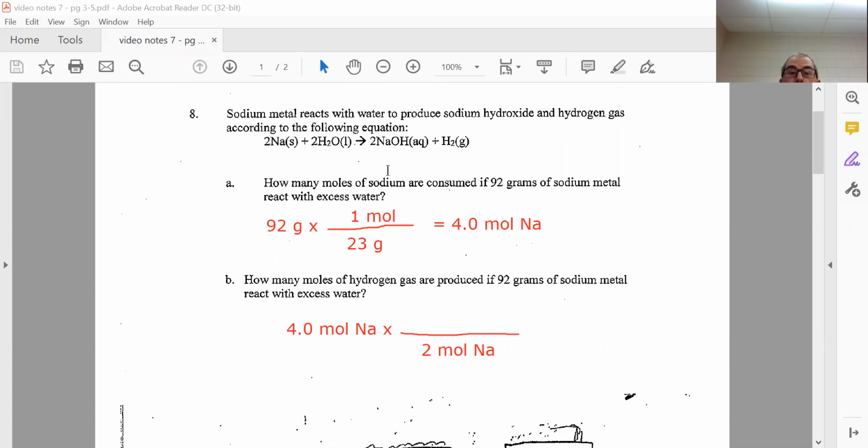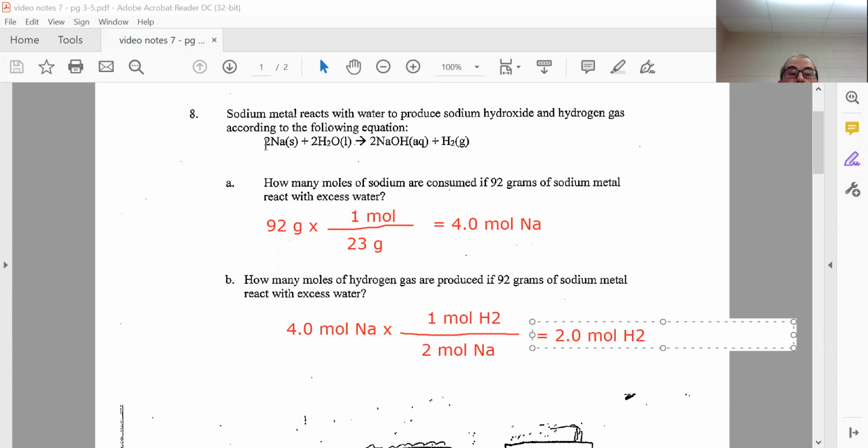And on top, I put the coefficient there, and that is 1 mole of H2. So for every 2 moles of sodium, I get 1 mole of H2. So it ends up being 4 divided by 2, which equals 2.0 moles of H2.